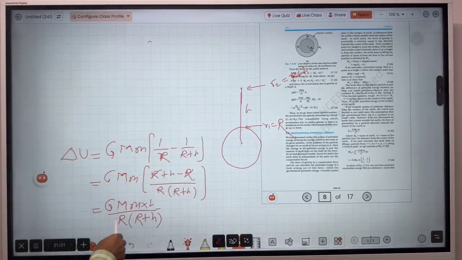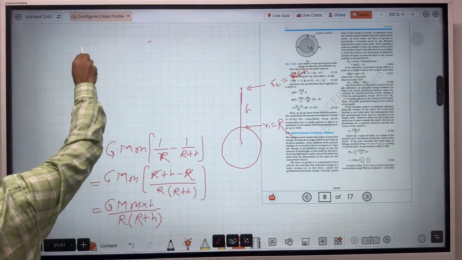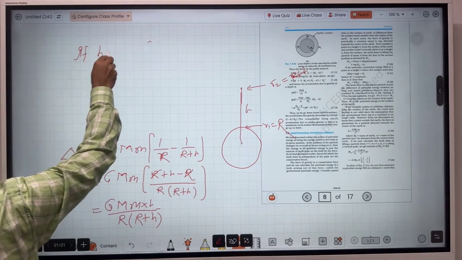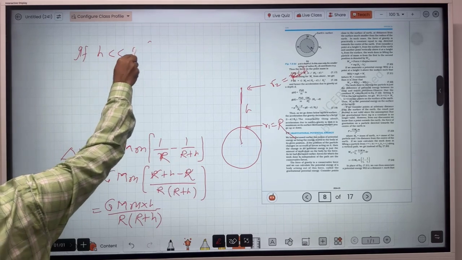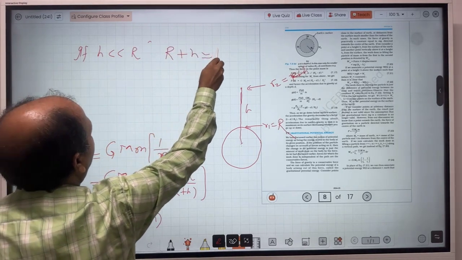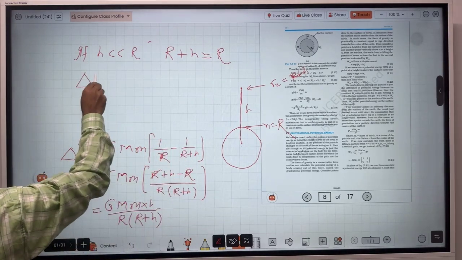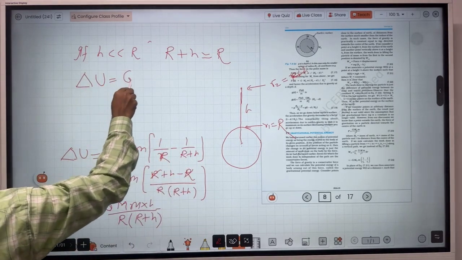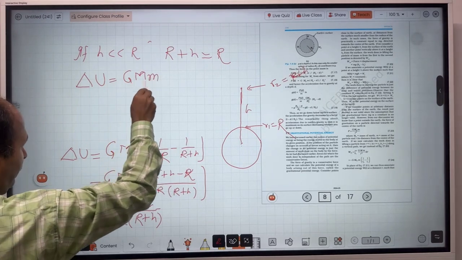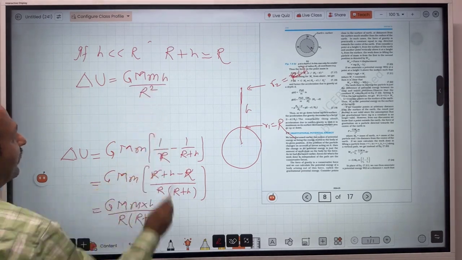Now, here we use some approximation. If h is much less than r, then r plus h can be written as r. So here the change in potential energy delta U will become GMm h divided by r square.